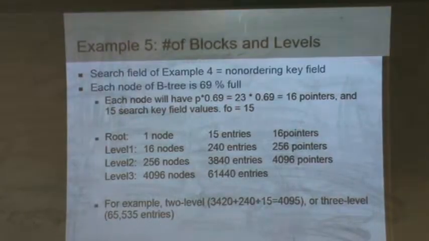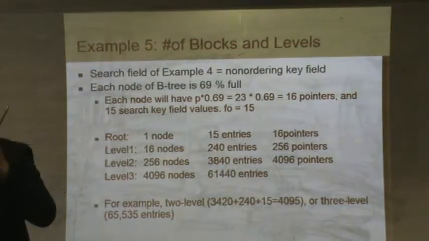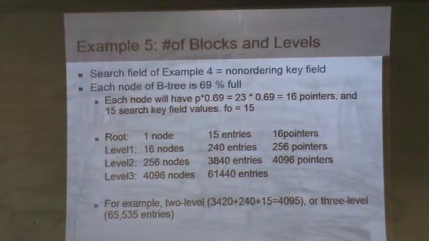Okay, so this one shows the real example. In case of the 69% full node, as I explained, we are not going to use the entire 100% of the storage in the block, right? We set aside a certain portion as free space. Why? In case data is updated or changing, we need the additional space. Otherwise, it can be changed, it can be linked.